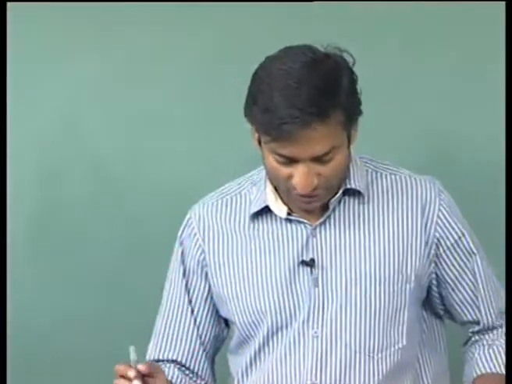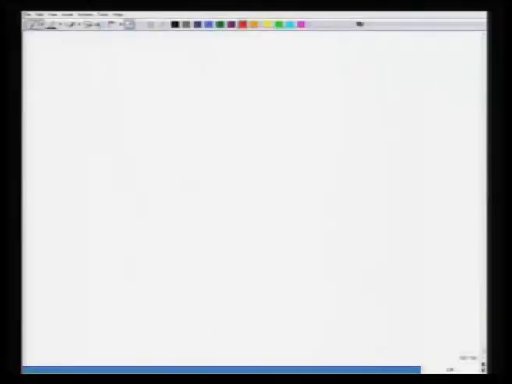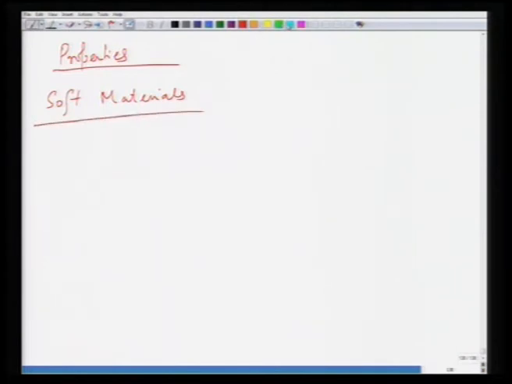So for instance, if you look at soft materials first, let's say we take the example of manganese zinc ferrite, and we take nickel zinc ferrite, and we compare this with something like Fe silicon, 4% silicon alloy.